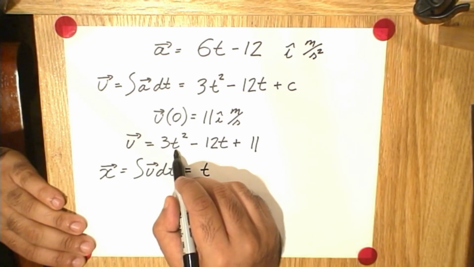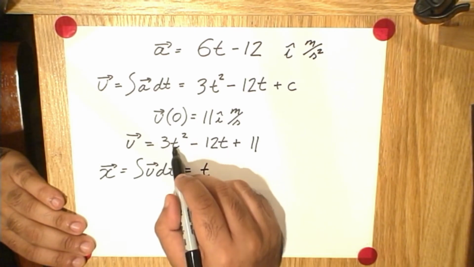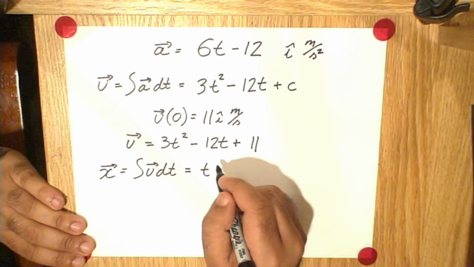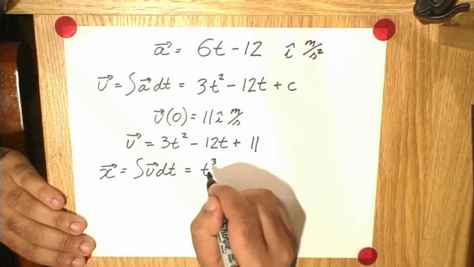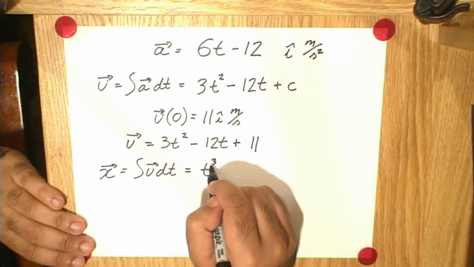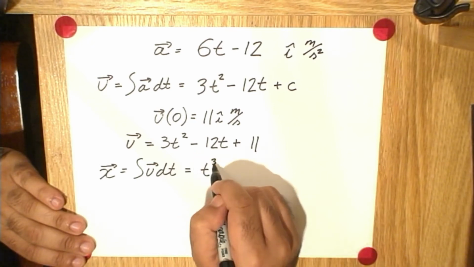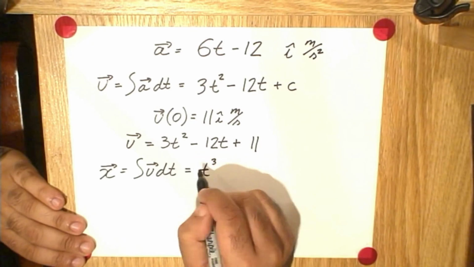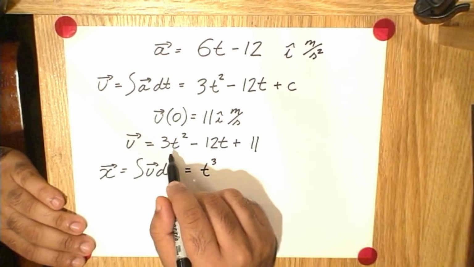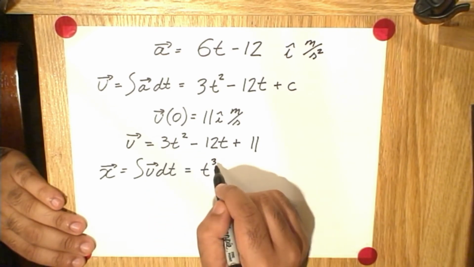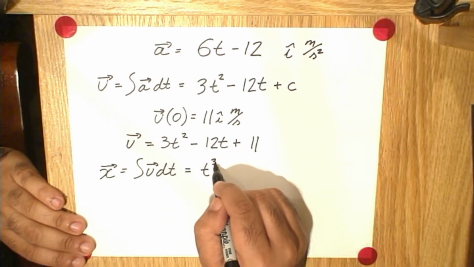The antiderivative of 3t squared: t squared is going to become t cubed, and when you increase the exponent by 1, you have to divide the original coefficient by the new exponent.